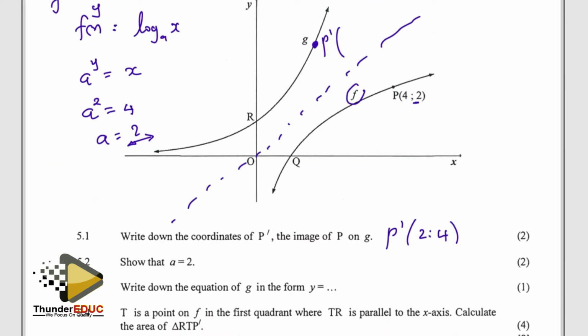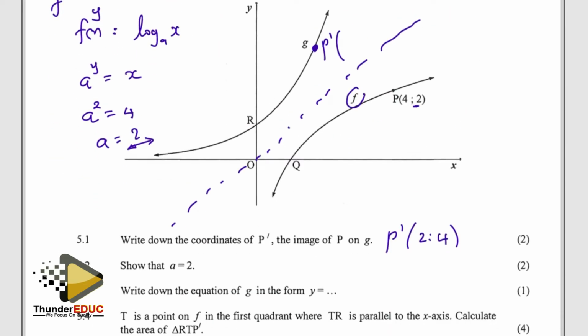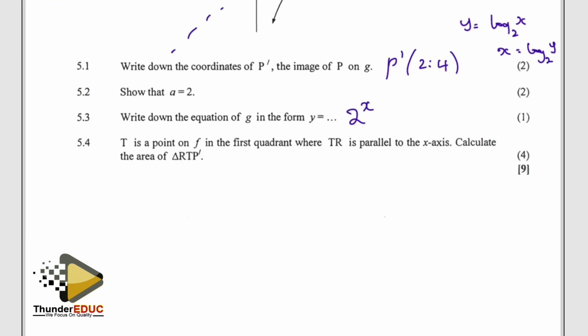Since we know that f is log x base 2, g of x is going to be 2 to the x. Remember, y is log base 2 of x. Switch them around, that's going to be x is log base 2 of y, and then you use your exponential form.